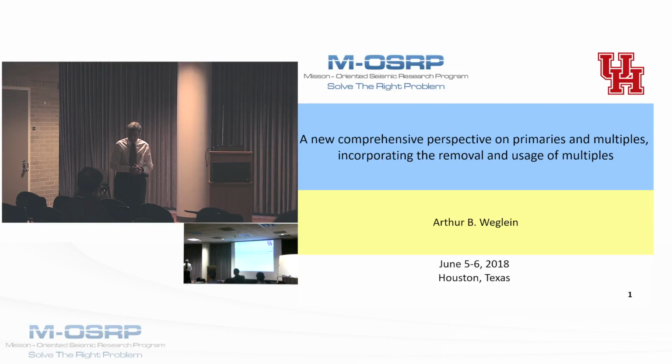So we're going to focus on that best defined imaging principle among the three that Claerbout mentions, to look at the role of primaries and multiples in migration. Look at the most well-defined migration method, yes, and then examine. So that is the purpose of this next talk.